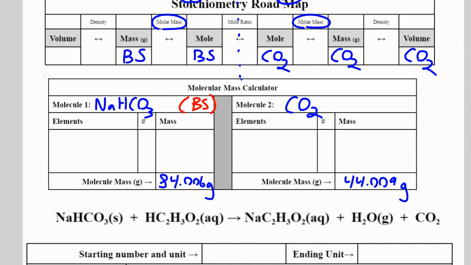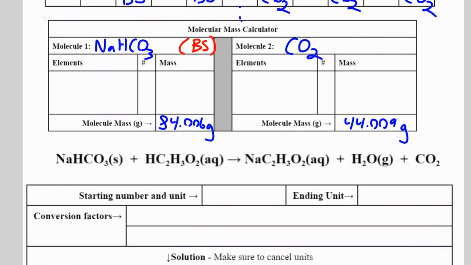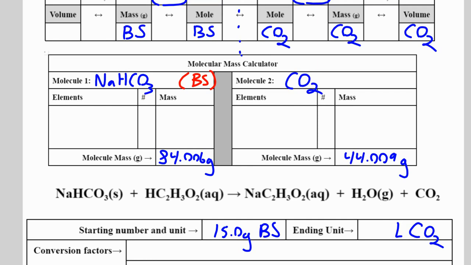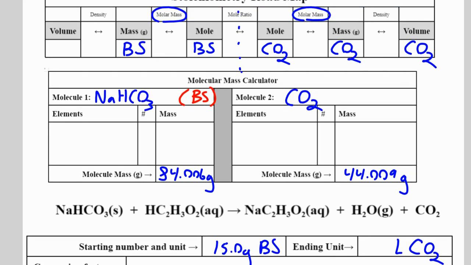So I'm going to use my roadmap. My starting number and unit is 15.0 grams of baking soda, and I'm trying to figure out liters of carbon dioxide. So in the order that I'm going to use the conversion factors, my first one is going to help me get from mass of baking soda to moles of baking soda.